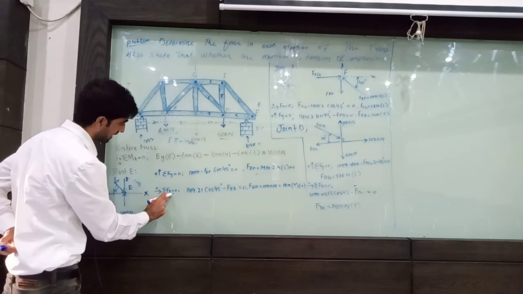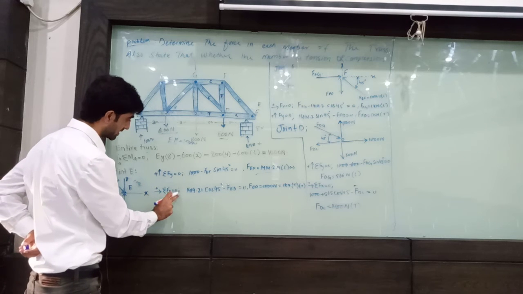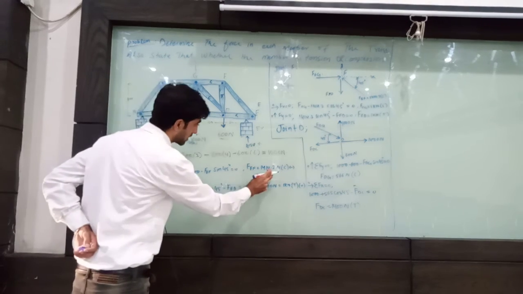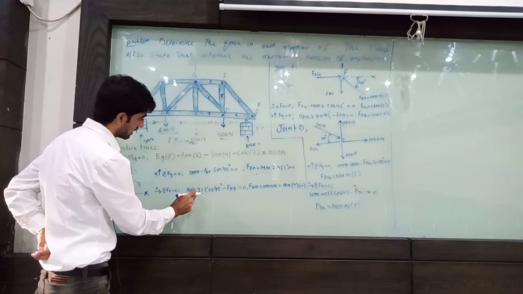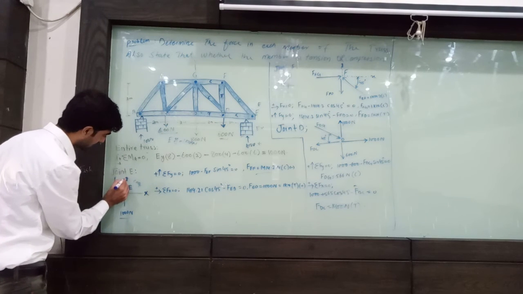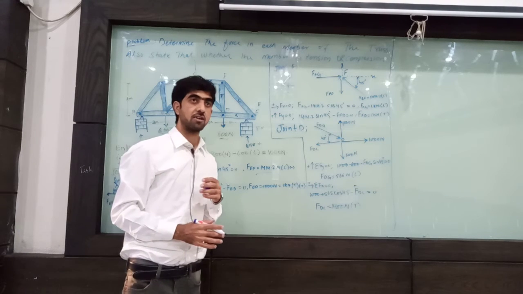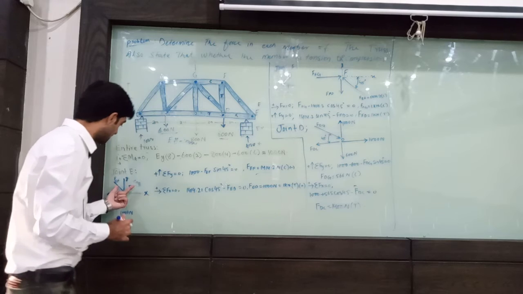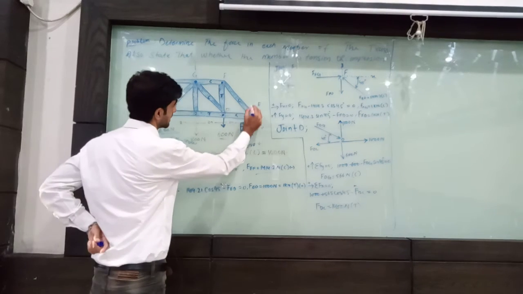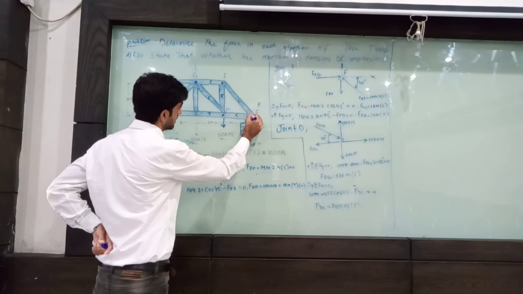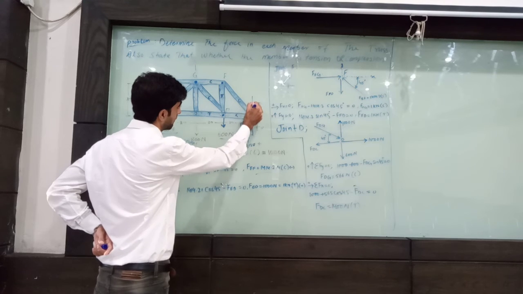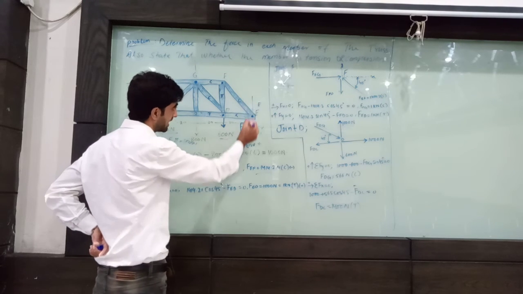After that, summation of x is equal to 0, summation of Fx is equal to 0, so this load can be put here and we find the y-axis load. Y-axis concentration, we can find the x-axis, y-axis.